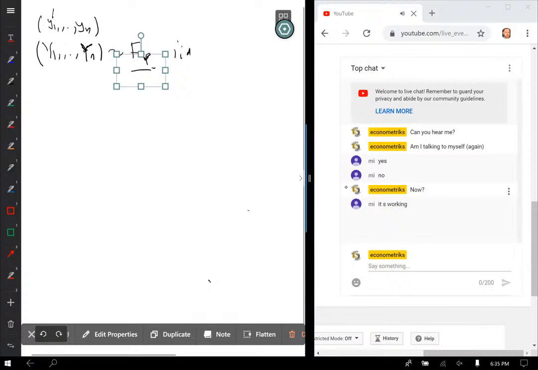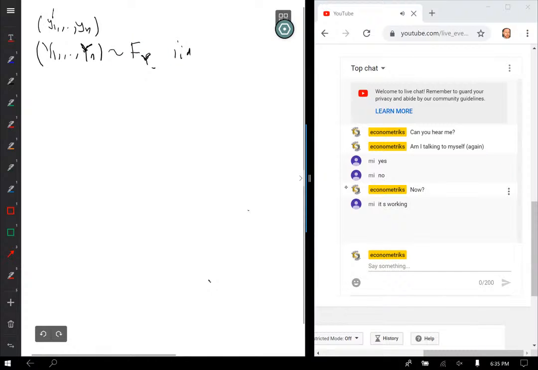Well, let's just take then the simplest example of restriction. Let's say we want to look at the model for the mean. Well, we have E of yi, again assuming it's IID, so the mean of this equals, call it mu naught.